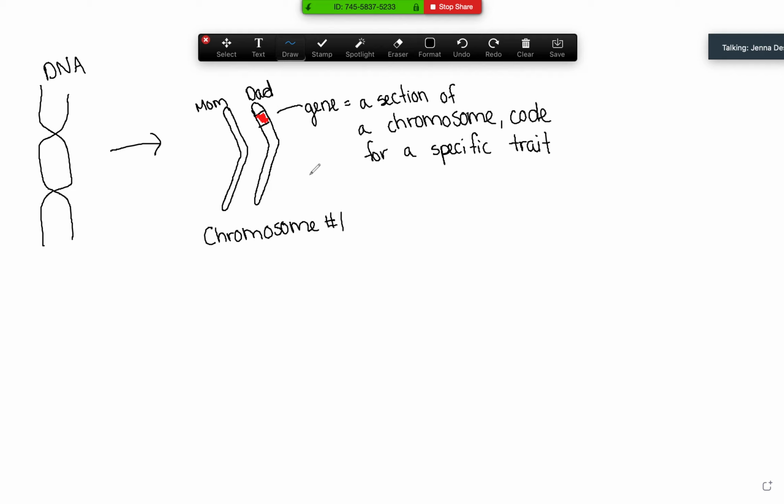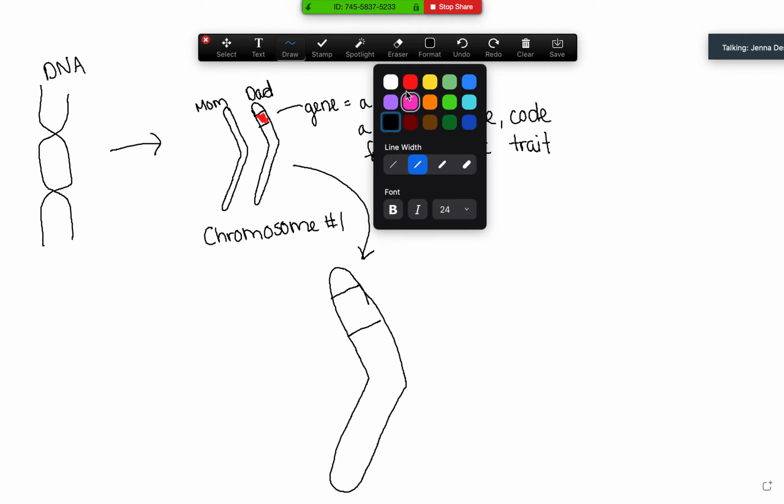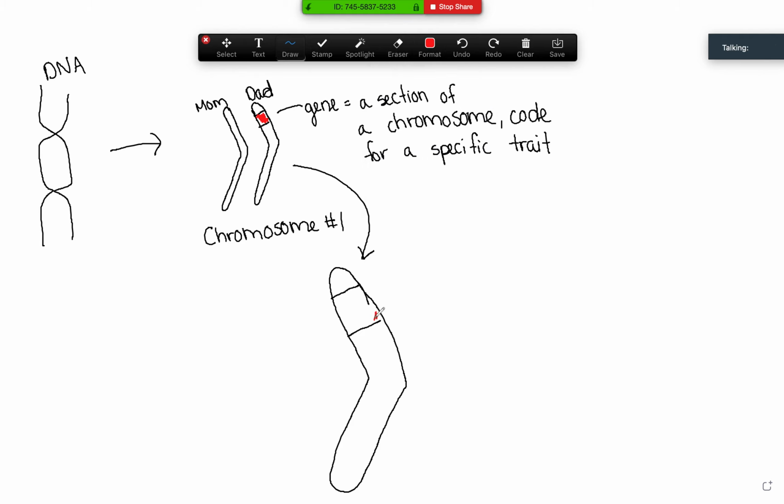But I want to zoom in to this gene down here and talk about a new term that we just learned on the vocab sheet. All right, and this I'm going to draw it again. This is our gene.